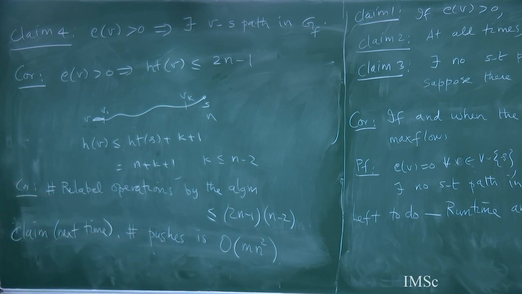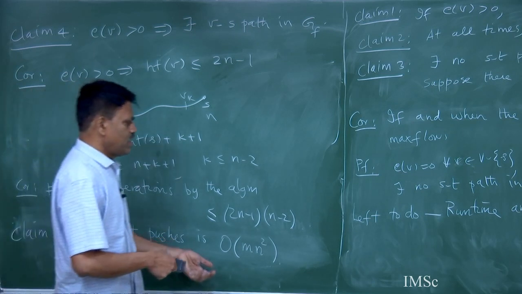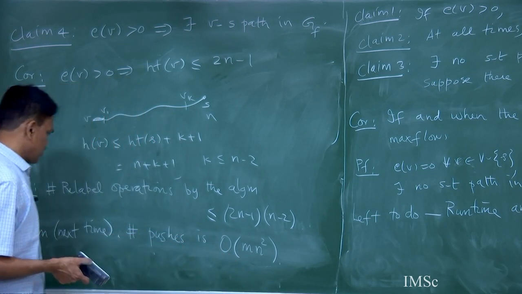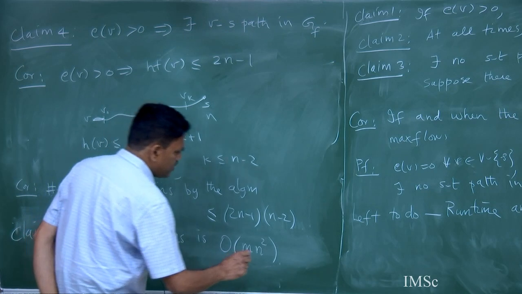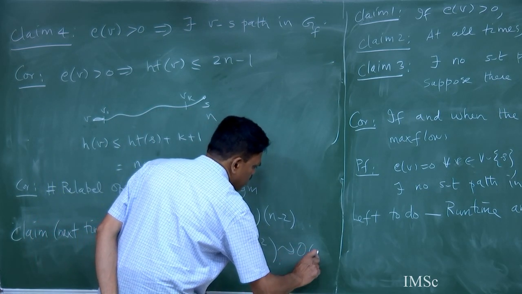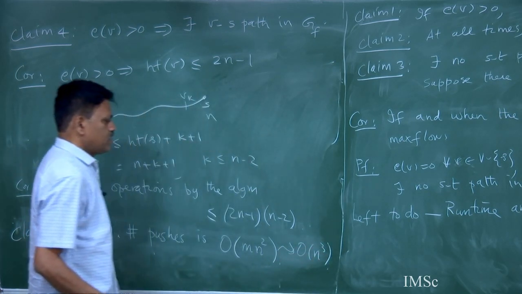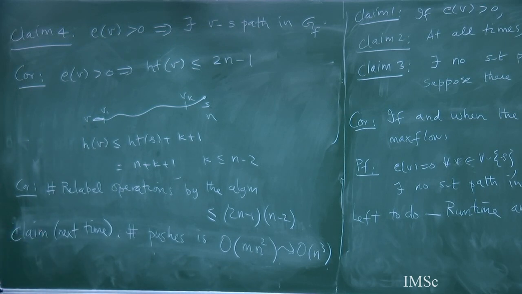But this algorithm improves it to m n squared, right? This is a better algorithm. So we'll see an argument for why the number of pushes is bounded by this, how we implement this, and we can actually even improve this to order n cubed by a careful choice of which pushes and relabels to do.